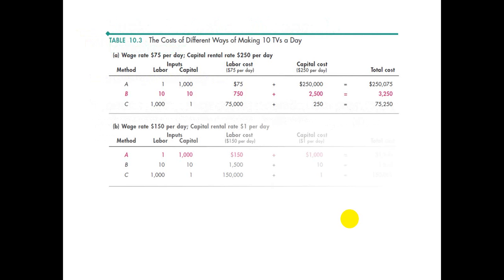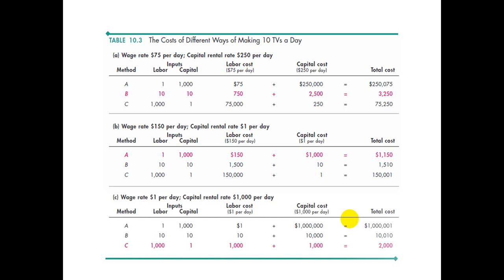Here there is an example about the costs of different ways of making 10 TVs a day. The first method, or the first way, has a wage rate of $75 per day and a capital rental rate of $250 per day.